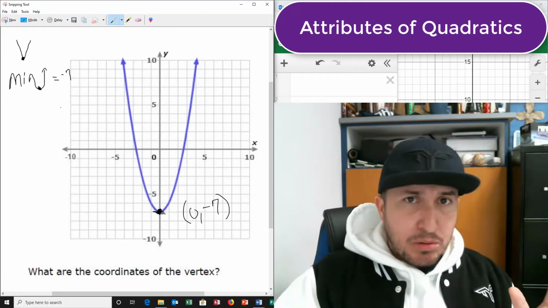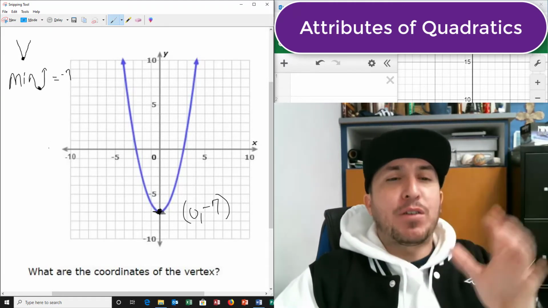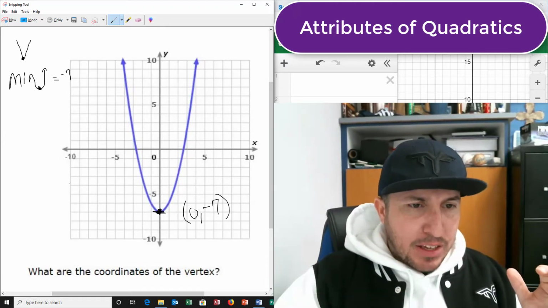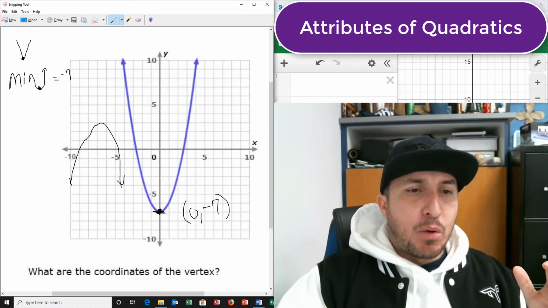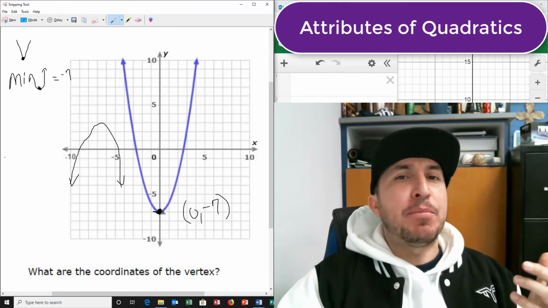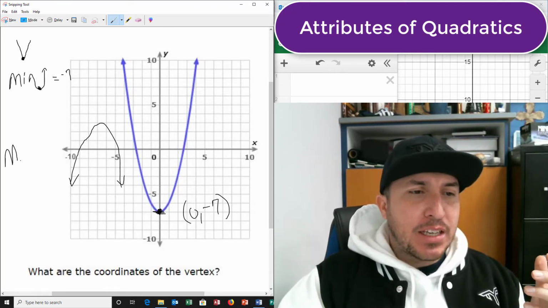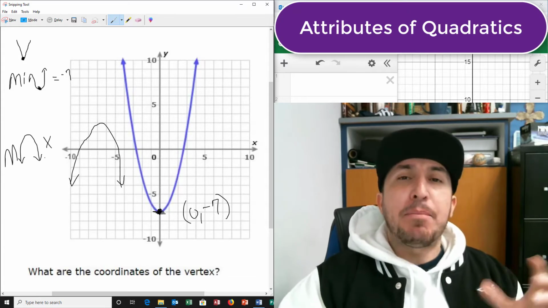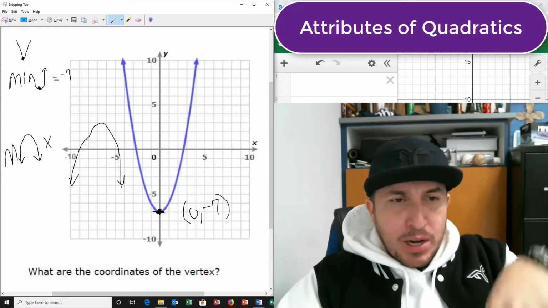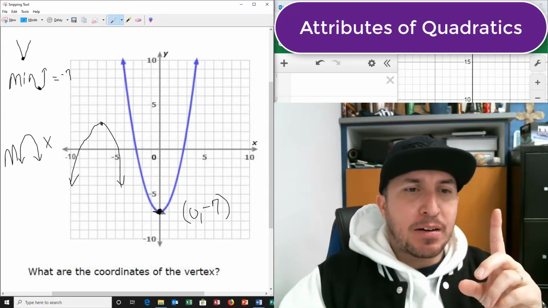All right, that's cool. Now, if the graph was upside down here, like if I drew it like that, well, this graph right here doesn't have a minimum. This graph has a maximum. Well, when the arrows are pointing down, the maximum is up there, and it's right here.